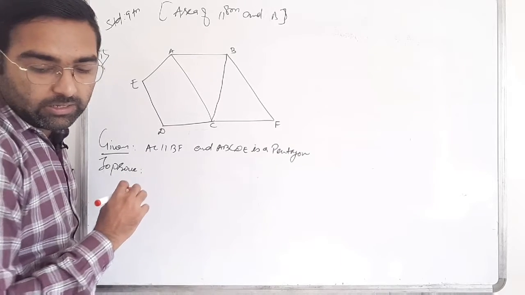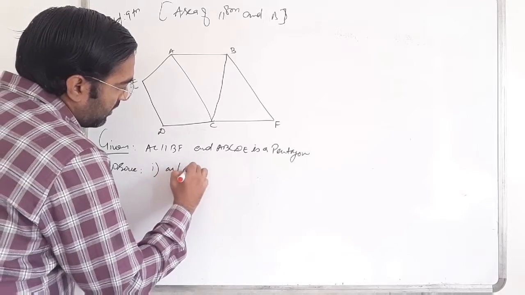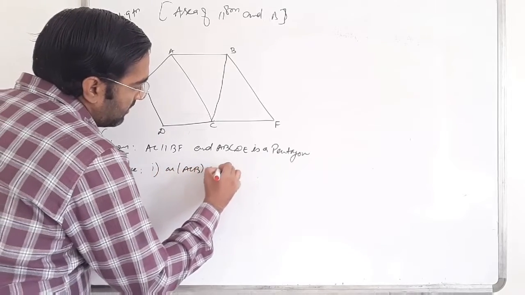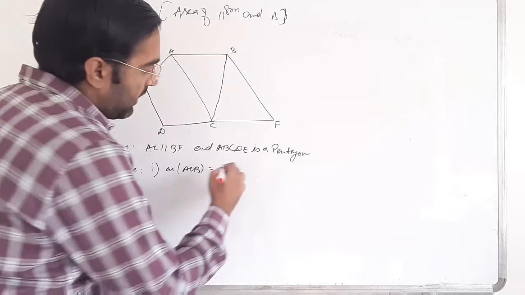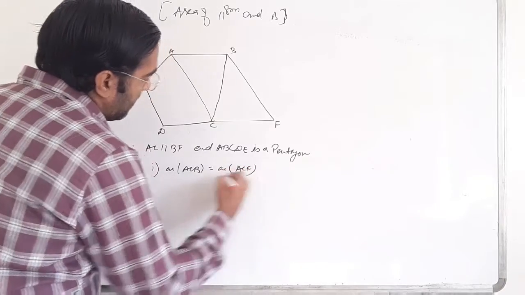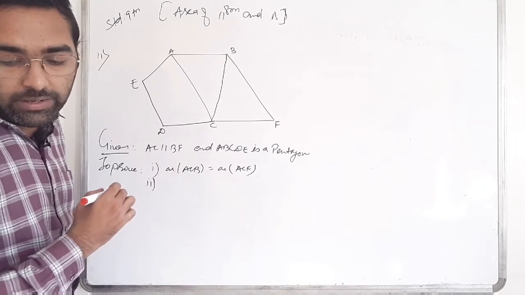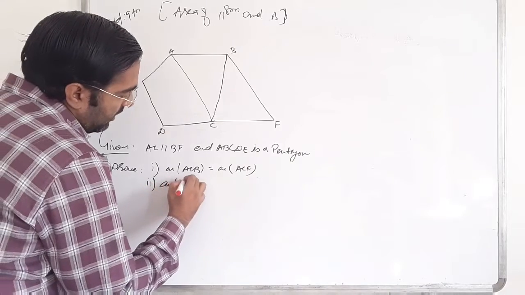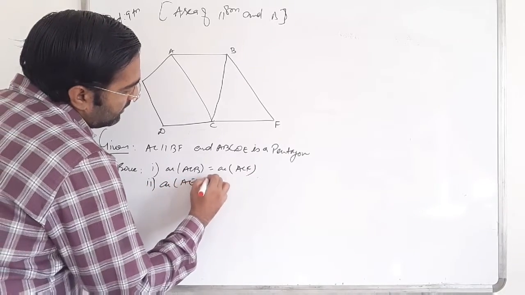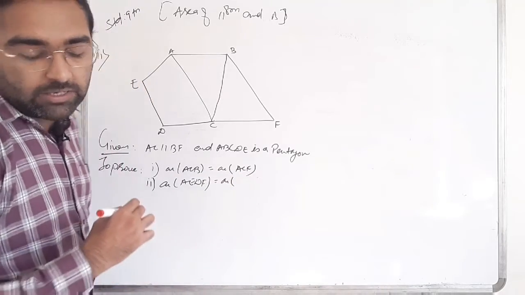To prove, first thing, area of ACB is equal to the area of ACF, and second thing, area of AEDF is equal to the area of ABCDE.